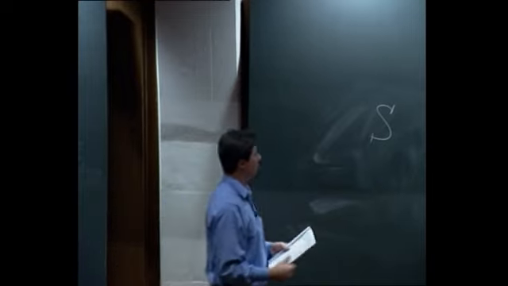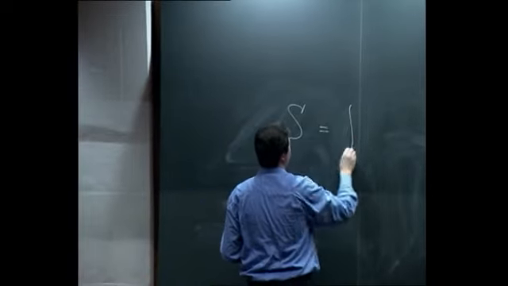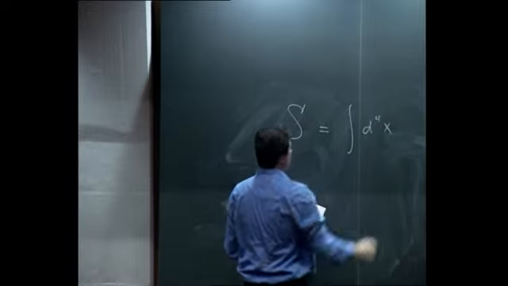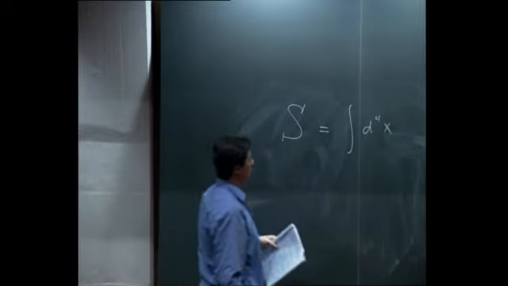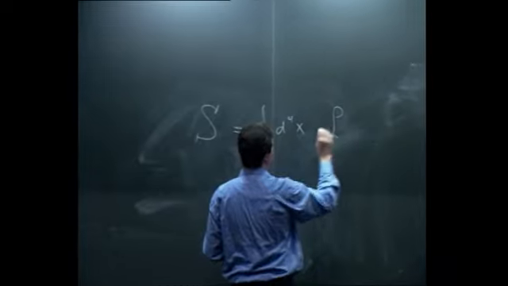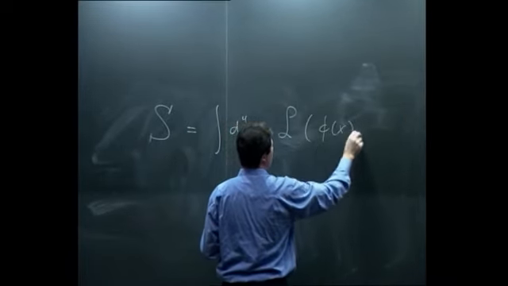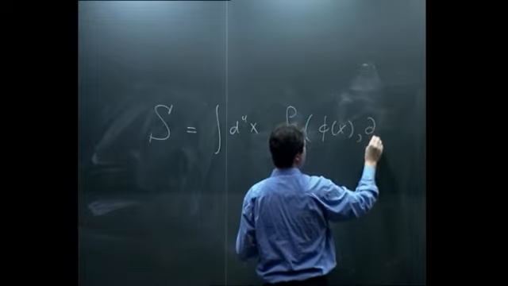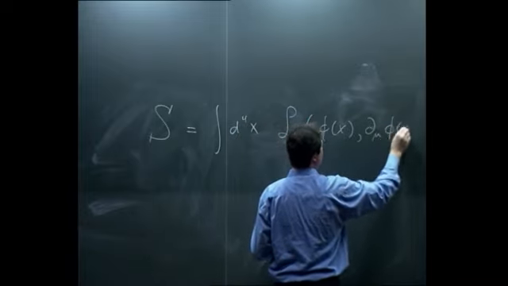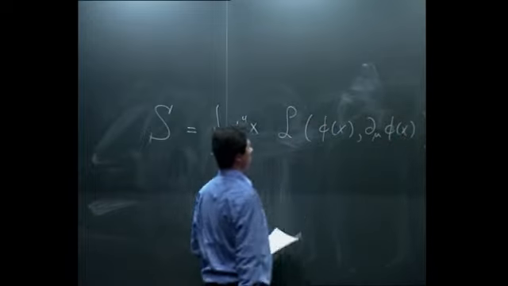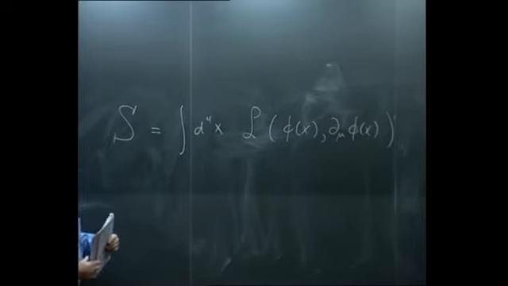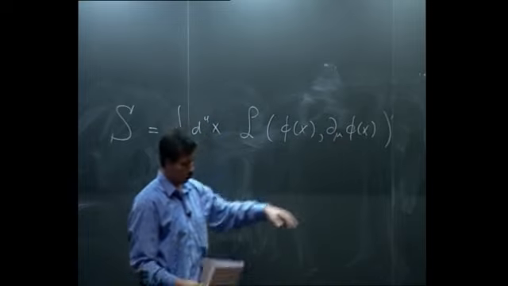The action is written as an integral over 4-dimensional space of a density, which I call the Lagrangian density L, which is a function of the fields phi of x and its derivatives, partial mu phi of x. I'll start with a simple case again, where I have only fields with spin 0 and without charge.